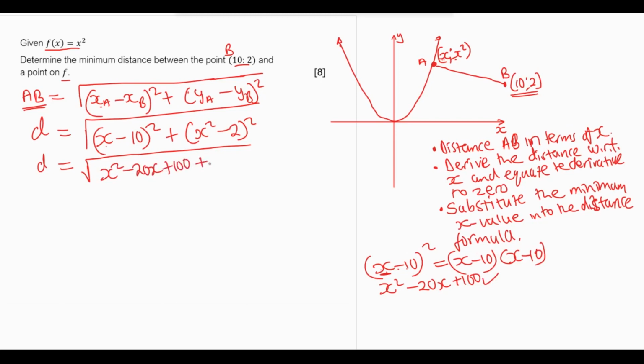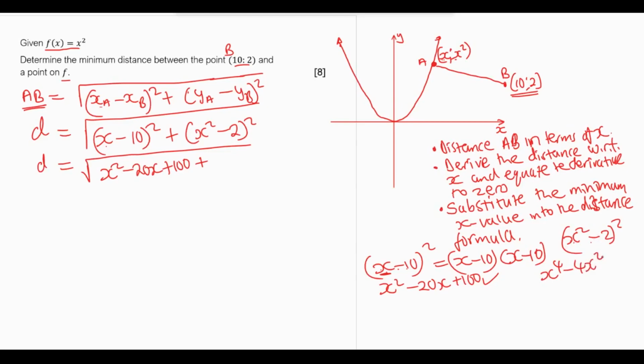And then plus, we expand this one the same way. x squared minus 2, squared: x squared squared is x to the power 4. Then 2 times x squared times negative 2 is negative 4x squared.